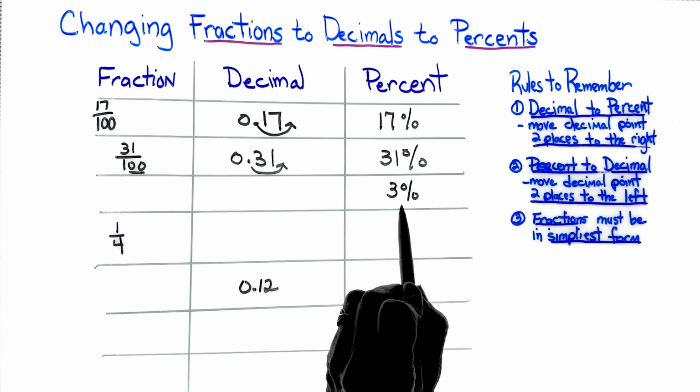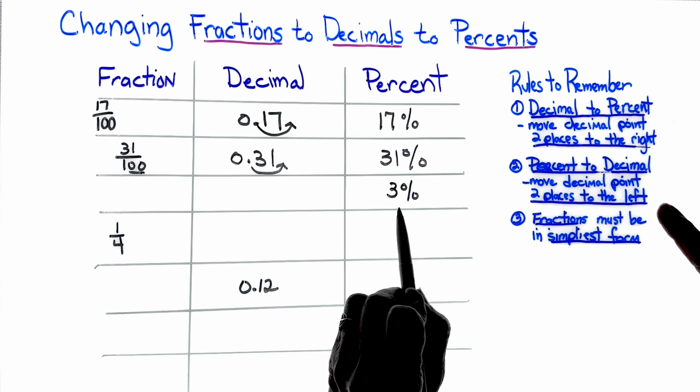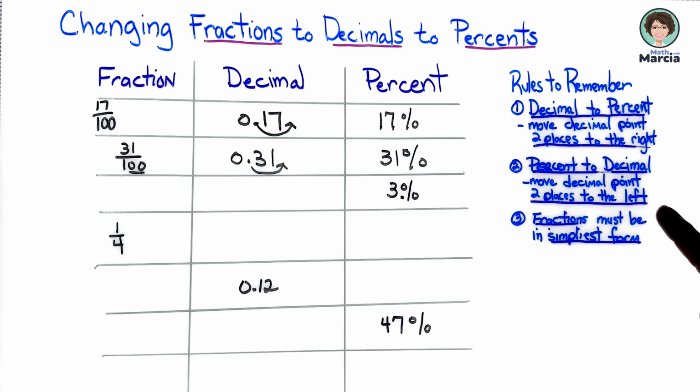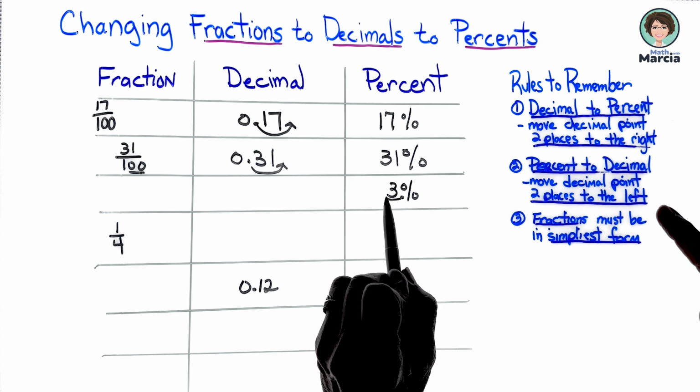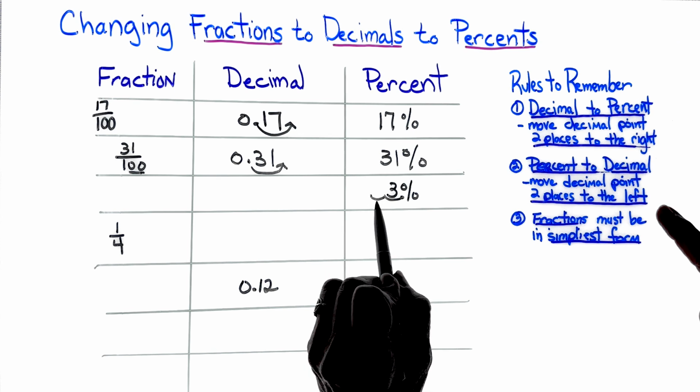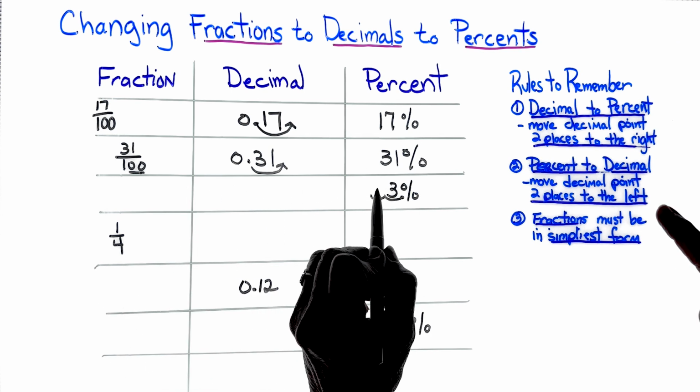Starting with 3%, the second rule says when you go from a percent to a decimal, you're going to move this decimal point over 2 places to the left. Well, here I have 3, and this would be my second place, so I'm going to have to place a 0 there, right there.